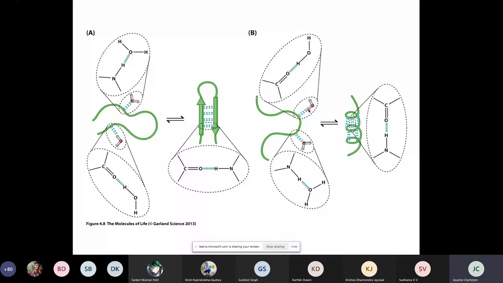Now, in the unfolded state, they were engaged in the formation of hydrogen bonds with water. But in a folded state, in an alpha helix, as we saw, the i to i+4 hydrogen bond forms. If the polypeptide backbone CO was engaged in the formation of a hydrogen bond with water, after it folds, it forms a hydrogen bond with the NH of its own backbone, right?